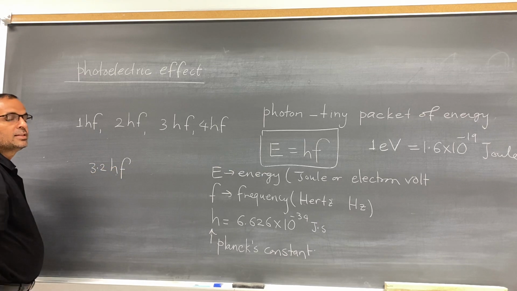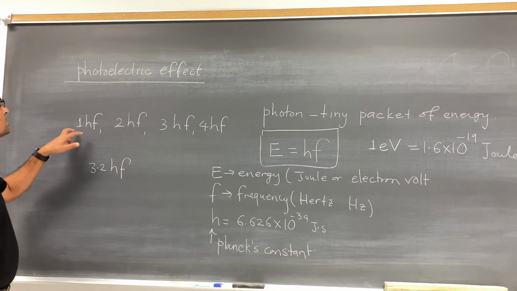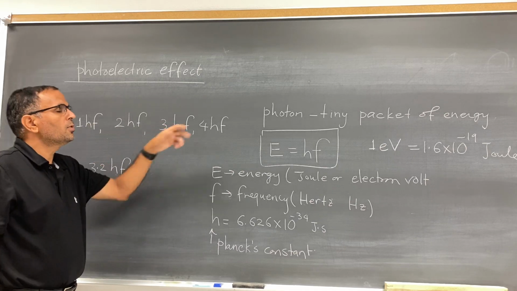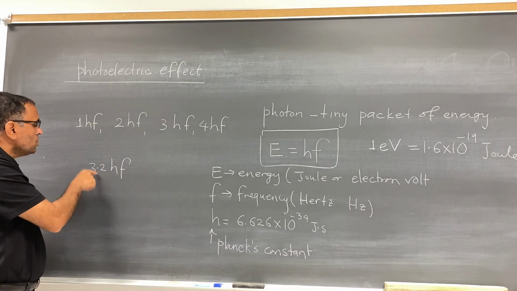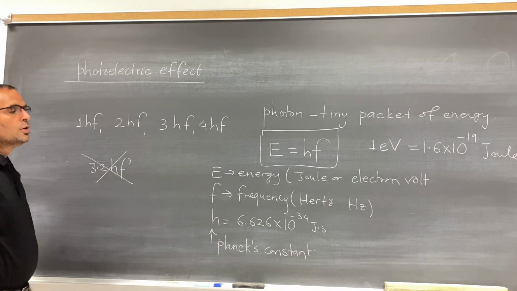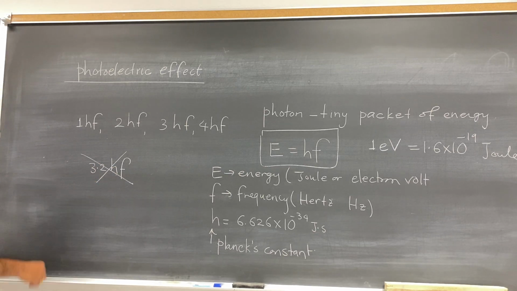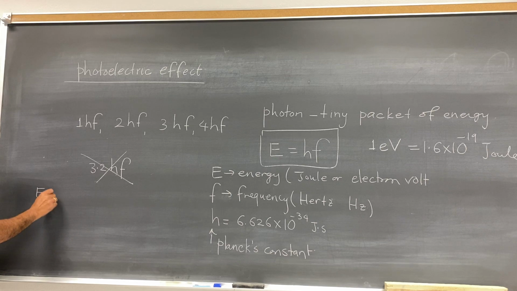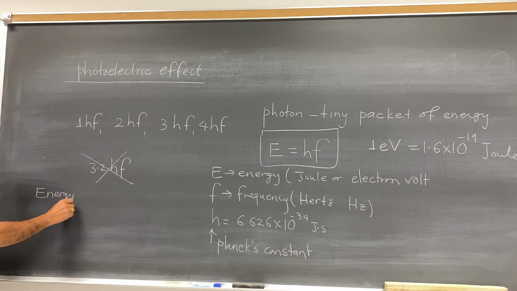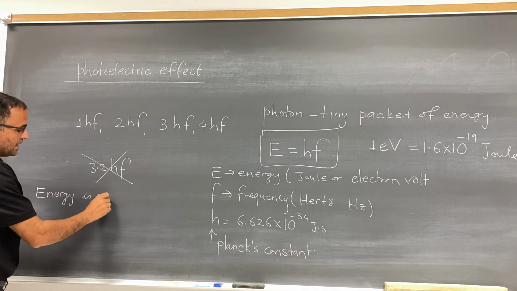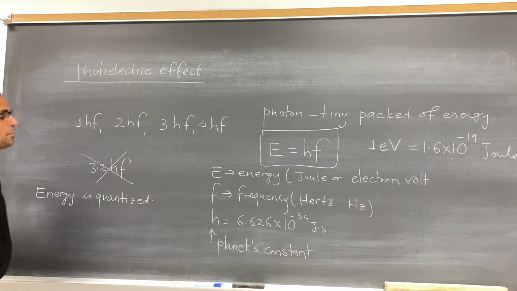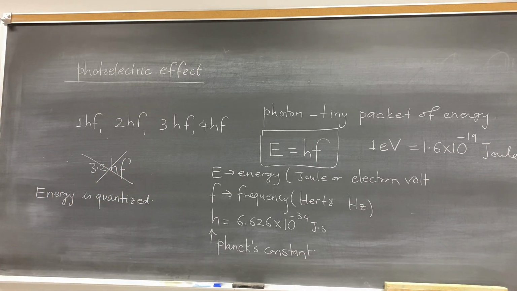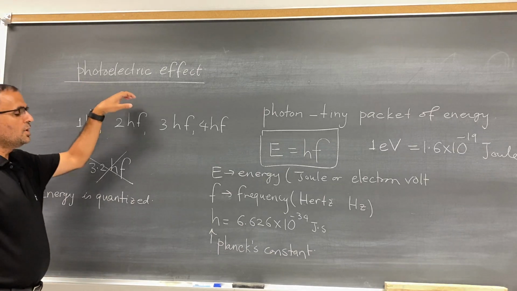It is a discrete number: 1, 2, 3, 4, 5, 6, 7, 8. So 3.2 is not possible. We can say that energy is quantized. Now let us focus on the photoelectric effect.